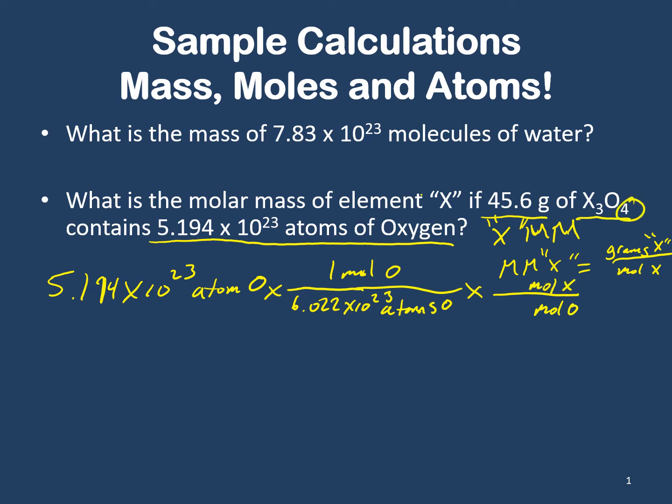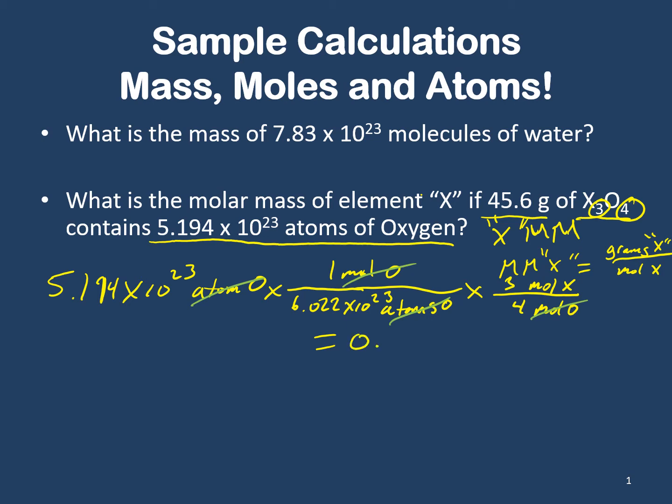I can use these values in the formula to do this. I know for every 4 moles of oxygen, there are 3 moles of X in this compound. So here we can see that my atoms have canceled, my moles of oxygen have canceled, and I've been left with moles of X, which is one of the values I need to calculate my molar mass.